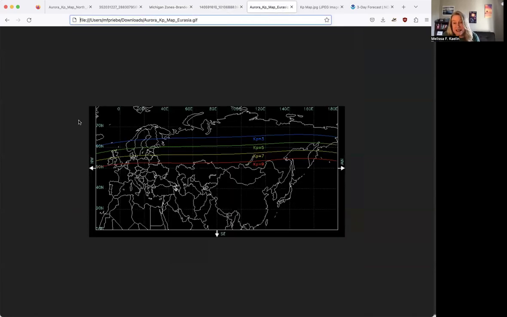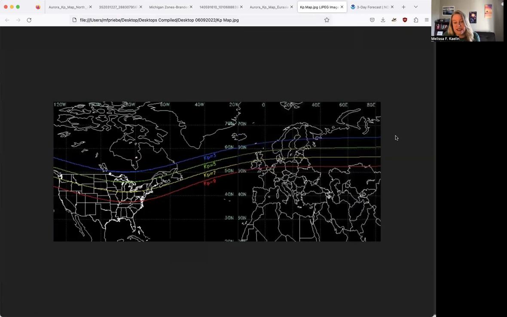We can extend our discussion of KP and the K values and the G storm values to Europe and Asia and see how the latitudes lay out there. You can find this map online too. This will tell you what different KP values you need to see aurora where you are in the Eastern Hemisphere. And then you can see these maps together too.